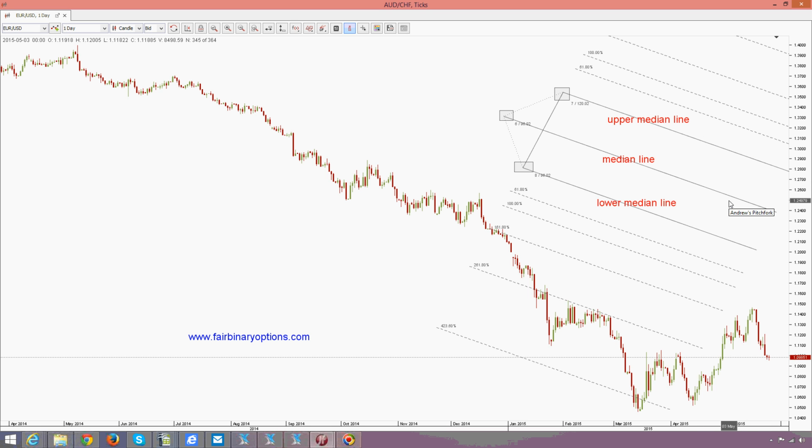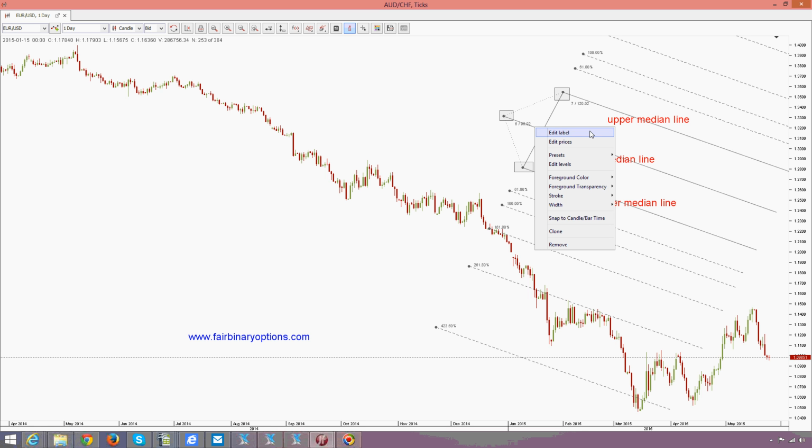For price to come into the medium line in here. The pitchfork can be edited as much as you want. As you can see, from the upper medium line and the lower medium line levels, Fibonacci levels are being projected, 161.8 and so on, from the whole distance between these lines. But you can edit the tool as you want.